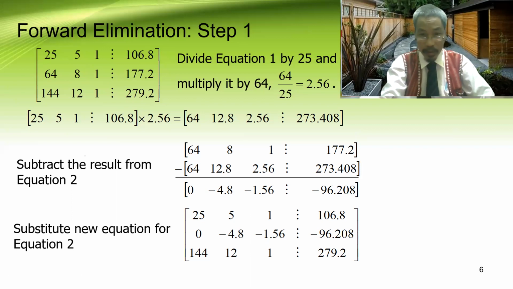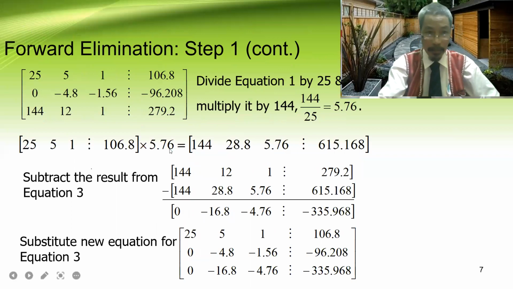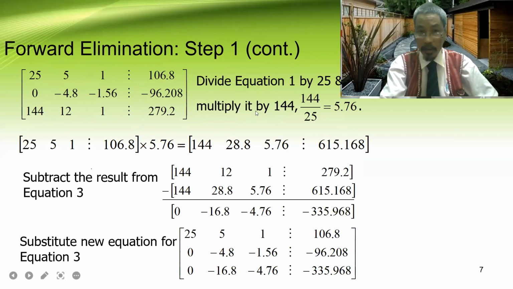Now let us do the same for the third equation so that this one will become 0 or eliminated. So let us do that. Okay, by what? By using again the first equation. Again, use the first equation, multiply it by 144 and divide by 25. You can interchange divide and multiply, but the principle says that we first divide by 25 because that is the coefficient of the first term.